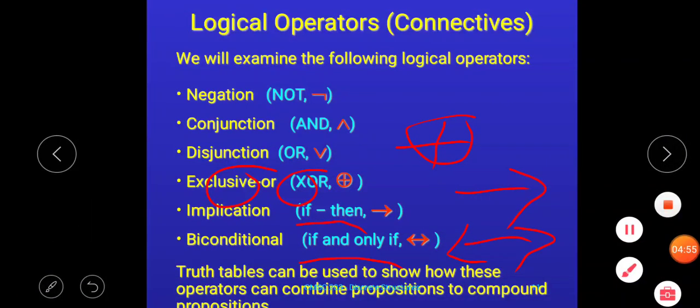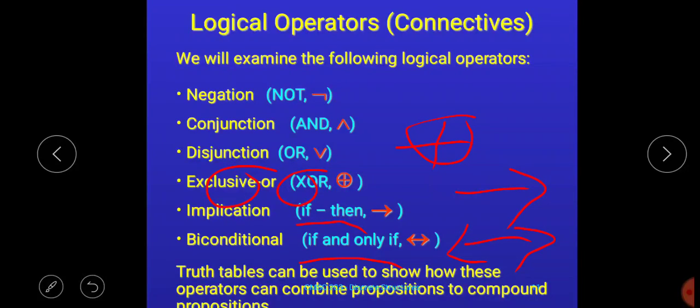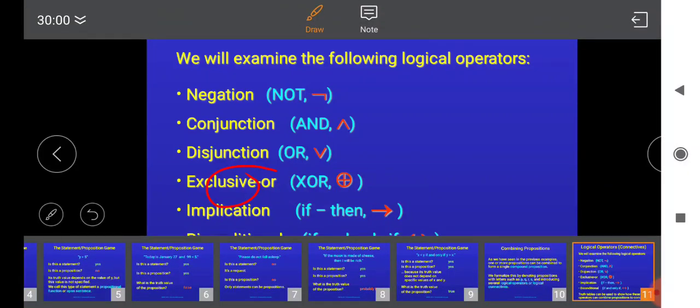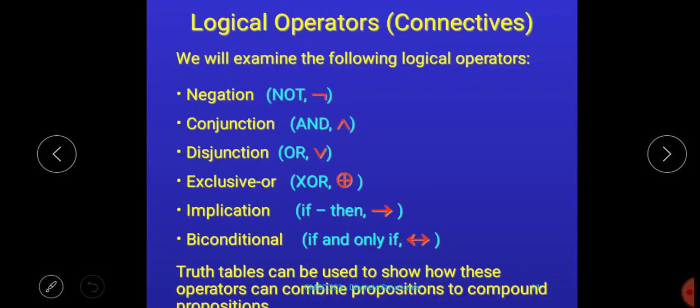In our further lectures we have to discuss the truth table for every logical connective. Before proceeding with that, I just want to revise these logical connectives. We have to take reference of these logical connectives while solving problems as well.